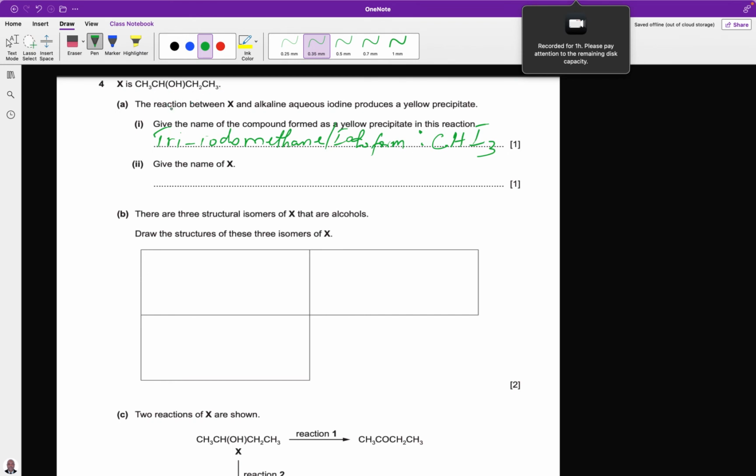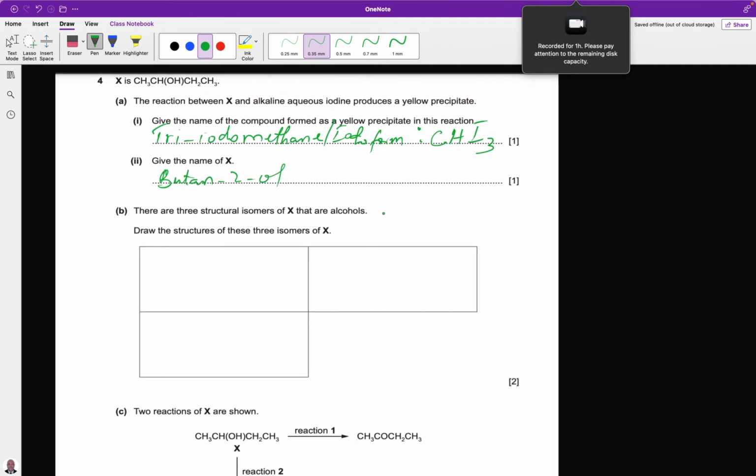There are 4 carbon atoms, so it's supposed to be butanol, but the OH group is located on the second carbon. We now say it is butan-2-ol.